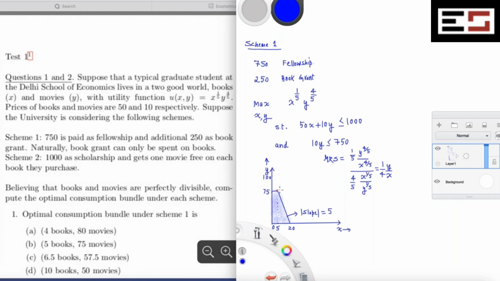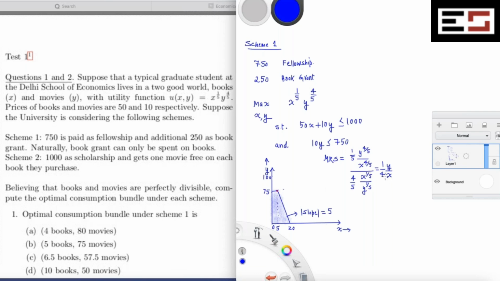Okay, and what is the slope of the indifference curve at this point? So we need to figure out what is the absolute value of the slope of the IC at this point. That is what we need to check. And what is the absolute value of the slope of the IC? It is the MRS, right? So what is the marginal rate of substitution at this point?